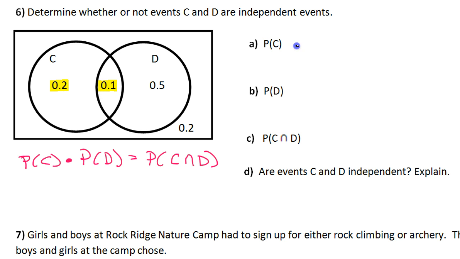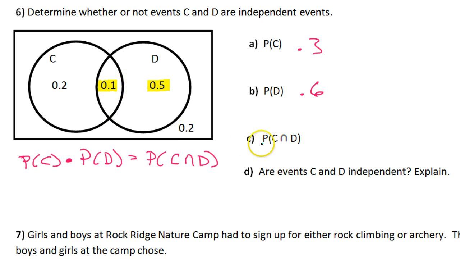Now the probability of D is these two, everything in circle D. So that's 0.1 plus 0.5, so that's 0.6.